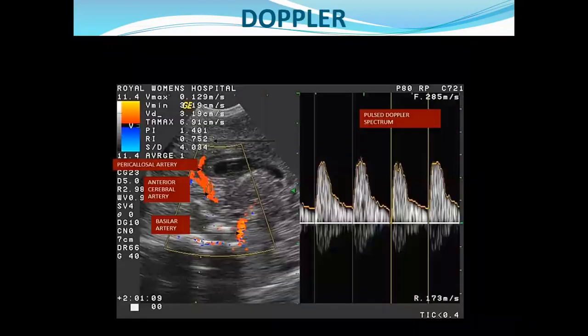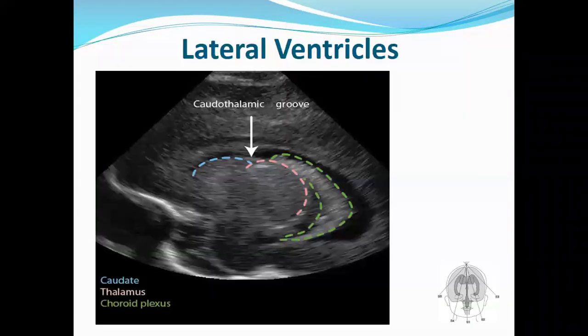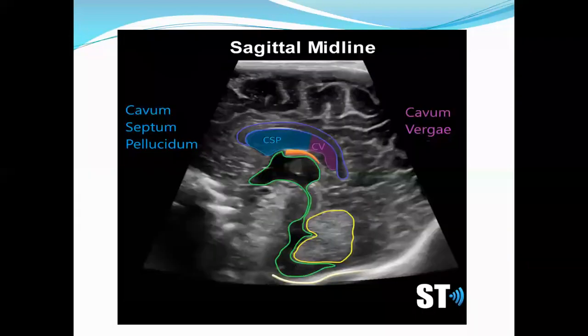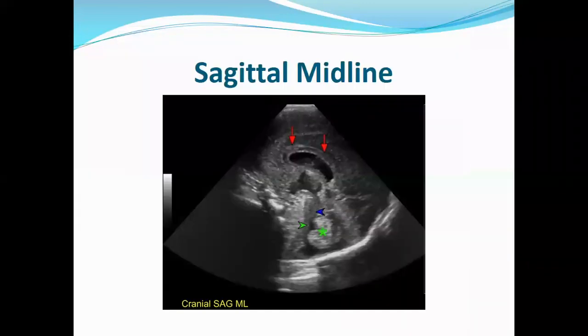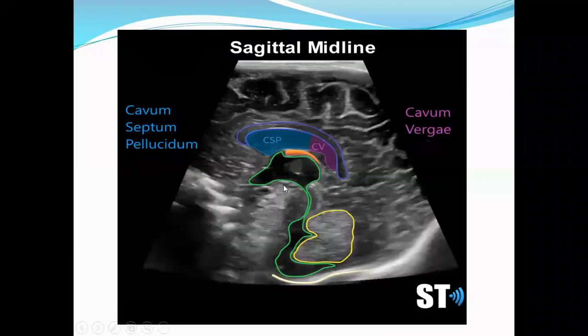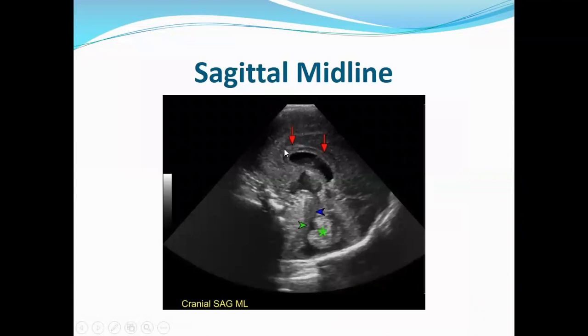Doppler. Others here, they prefer to use the mid-cerebral artery. I prefer the anterior cerebral artery. When you just put the transducer, when you're doing sagittal, look at that image. This one. You rock a bit, then you would have found your anterior cerebral artery.